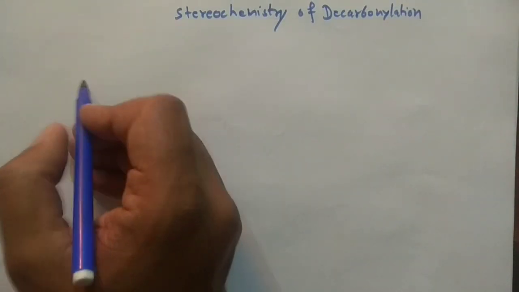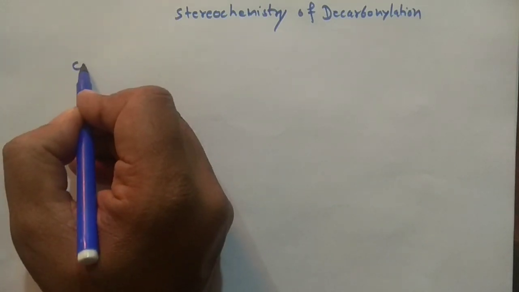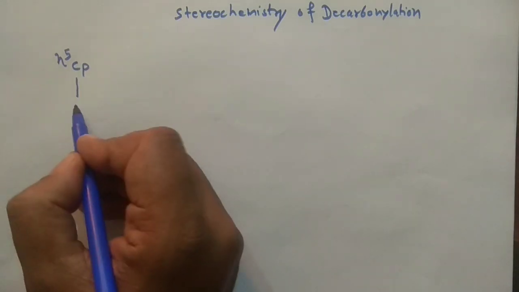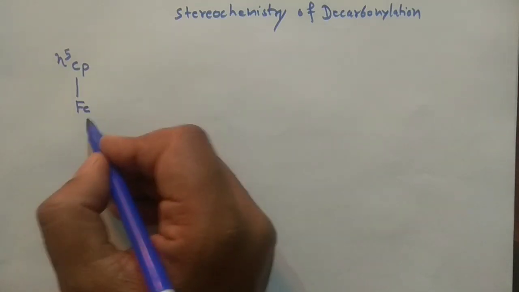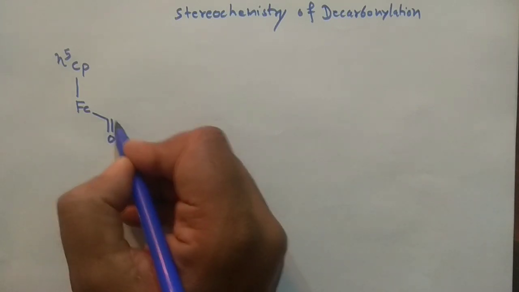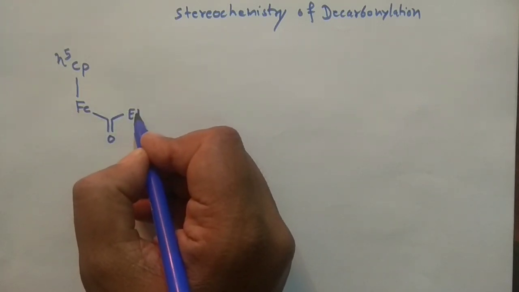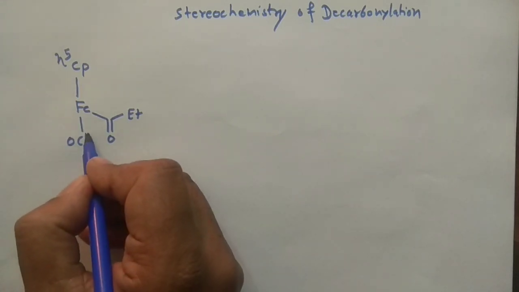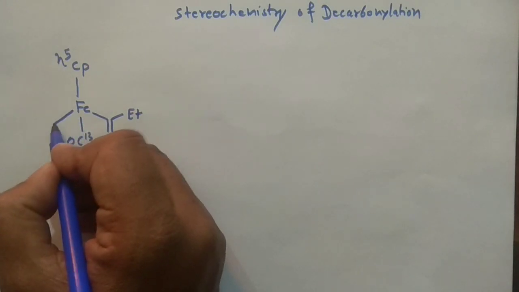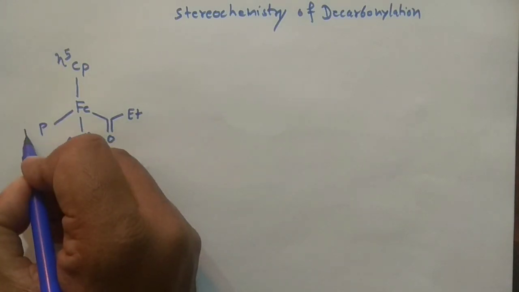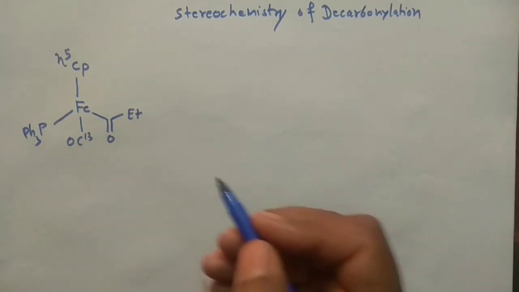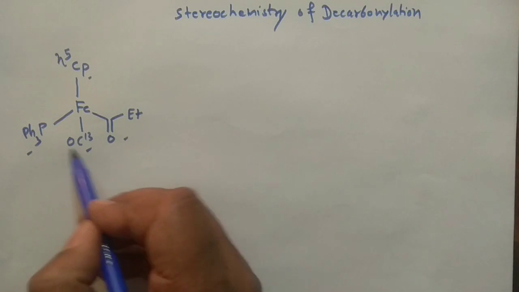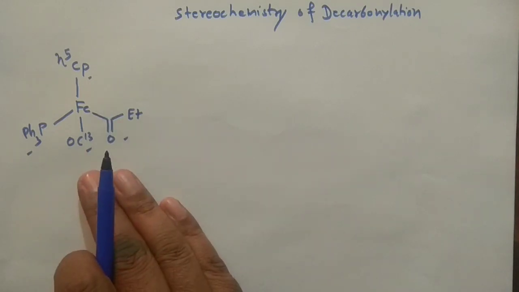Say I have this particular complex, this is eta 5 Cp, cyclopentadienyl anion. It is linked with the iron here, and this is your acyl group. And this is my carbonyl which is 13C labeled, and this is PPh3, triphenyl phosphine. So this ligand, this ligand, this ligand, and this ligand, all these ligands are actually different.